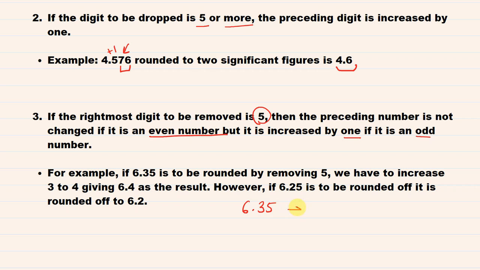Then we can write it as 6.4 as the preceding number is an odd number. If we have 6.25, we need to remove the 5 to round off this number. Then we can keep it as 6.2 because 2 is an even number. This is all about the rules of rounding off numbers. I hope you understood all the rules clearly.